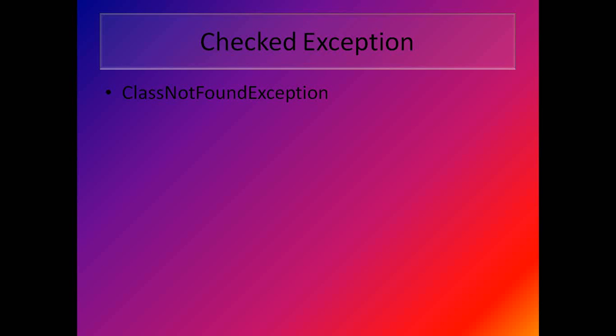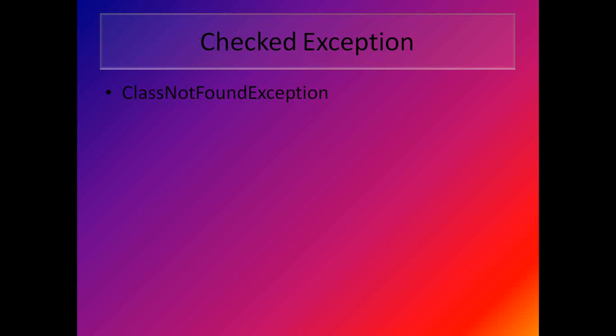These checked exceptions are handled by the developer who is going to create the program, the project. Then IllegalAccessException: when a resource is not accessible to the end user, but you still try to access that resource, this exception occurs.